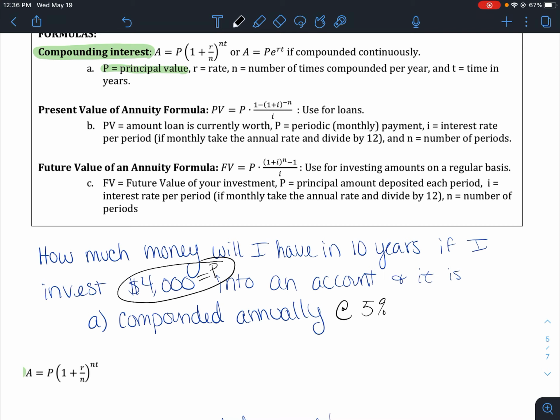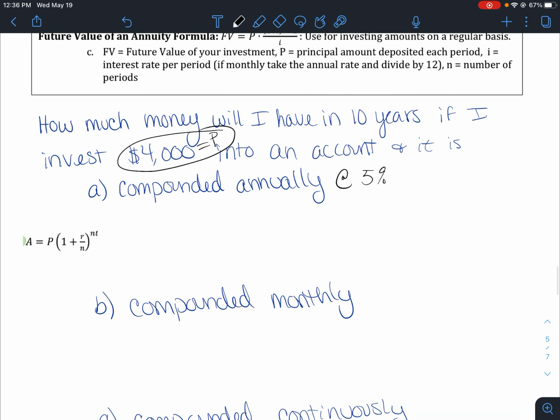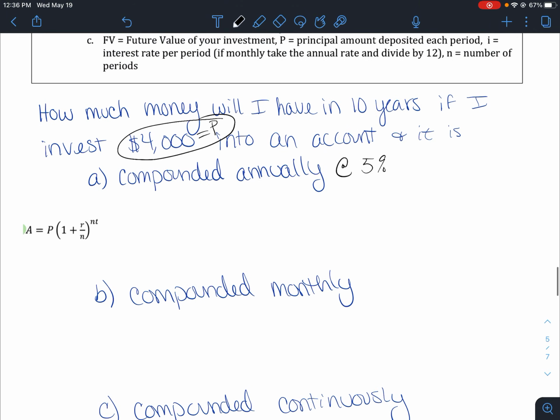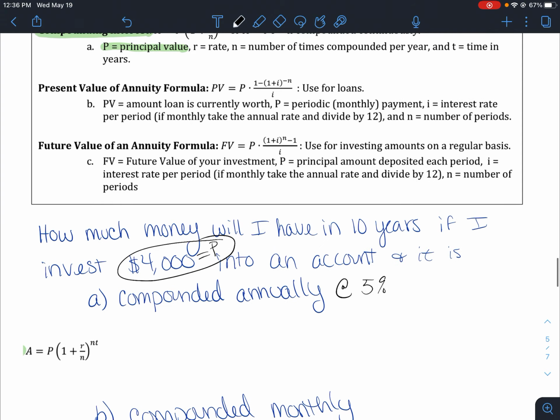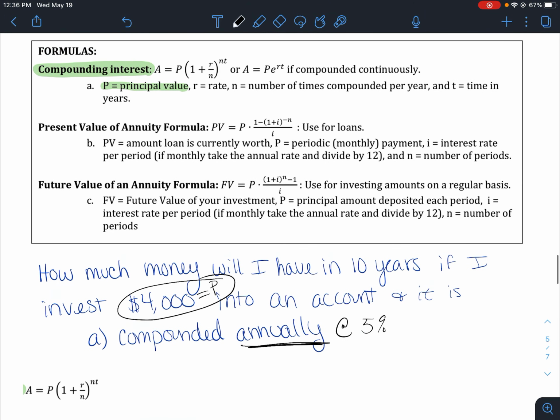In other accounts, you might be adding it monthly. We could add it weekly, or continuously, which is the last option that we'll look at in a second. So for us, it's annually. That's our N. So N would be 1 because it's annual. And then T is the time in years, which we know is 10.